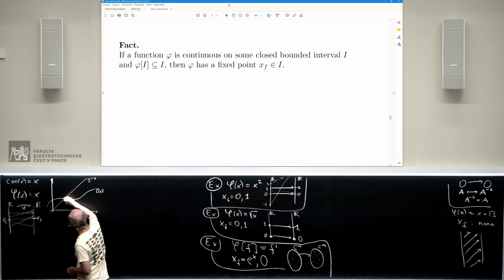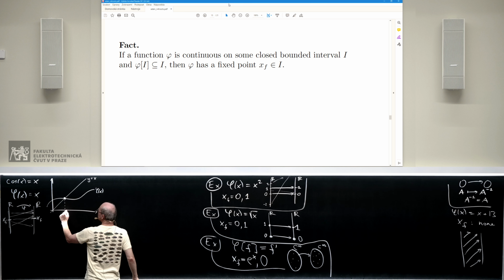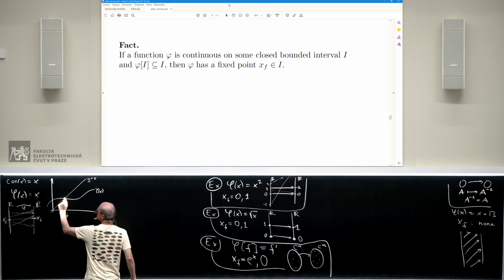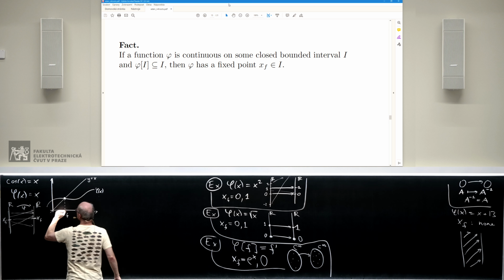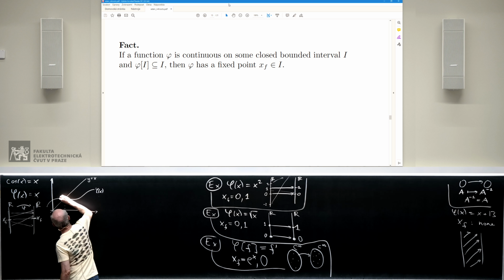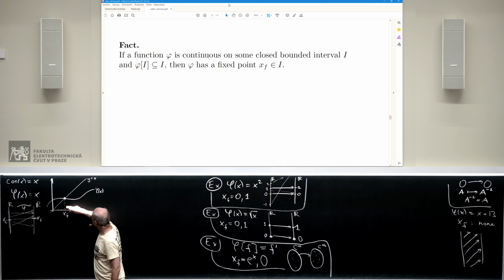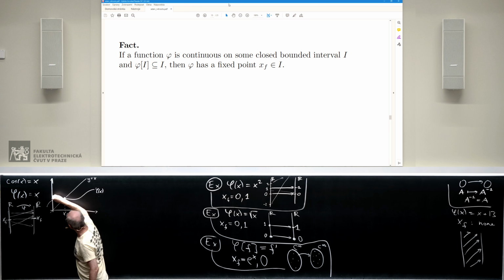Let's check. Over here, it's xf, and the intersection is actually something which is on the graph of phi. So over here, I can see the value of phi x. So it's here. This is phi x. But because this point lies on the diagonal, this and this distance must be the same. So this is also xf.